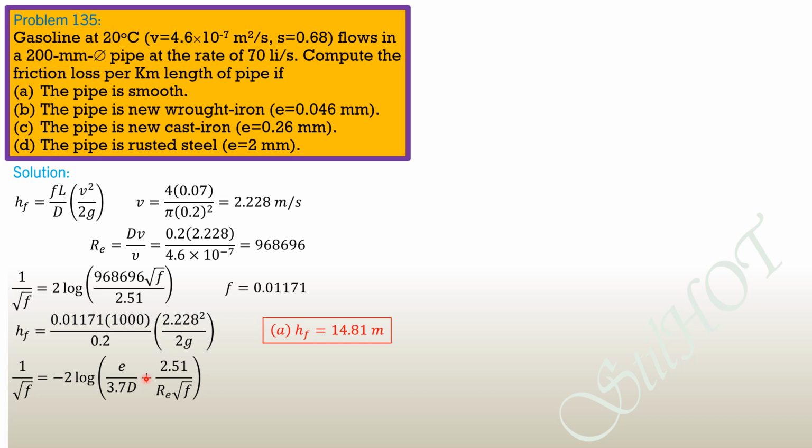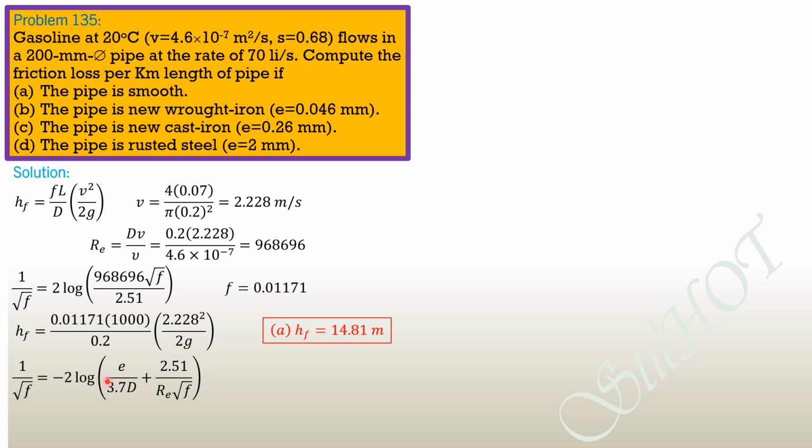So this is the formula that you should memorize. This is the only one formula that I recommend you memorize, because for smooth pipe it is here; you just set this first term to 0. For rough pipe, you set this second term to 0. And for the most common case where roughness and Reynolds number both contribute to the flow, we have to consider the characteristics of pipe flow, whether the pipe is smooth, or a transition between smooth and rough, or fully rough.